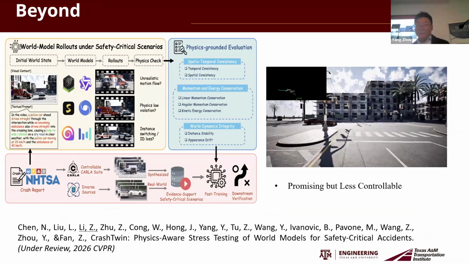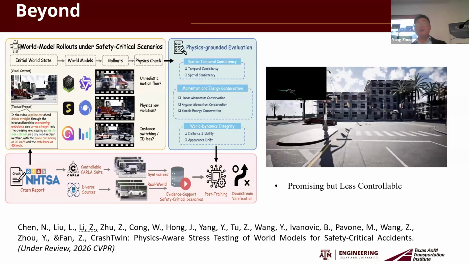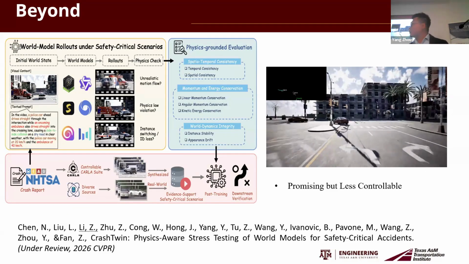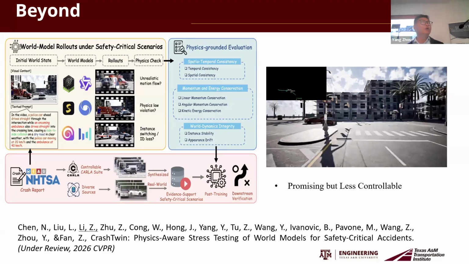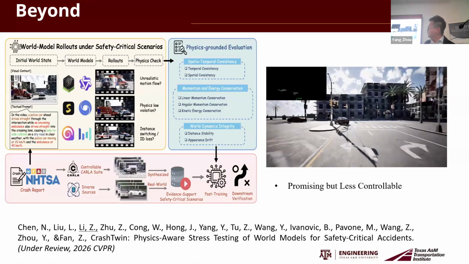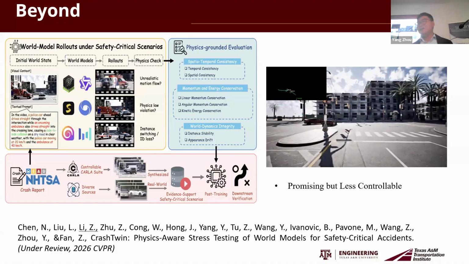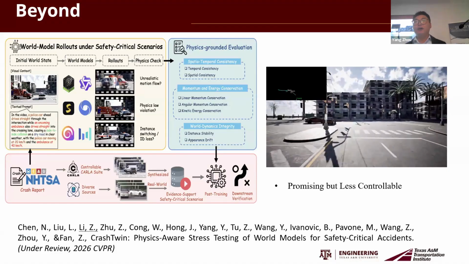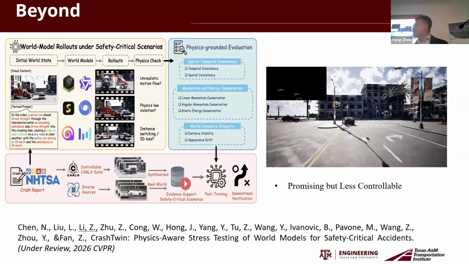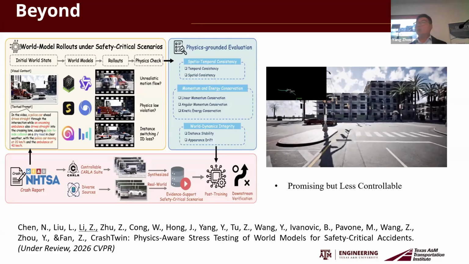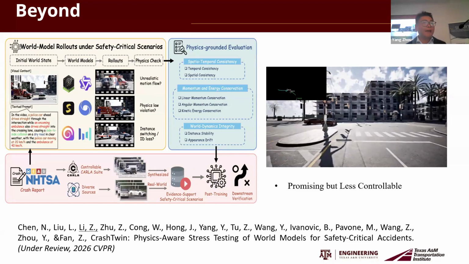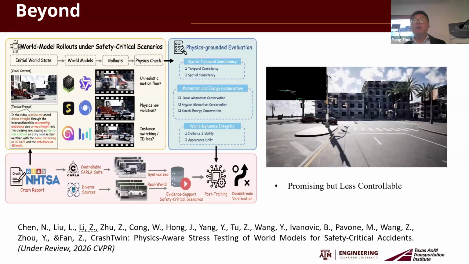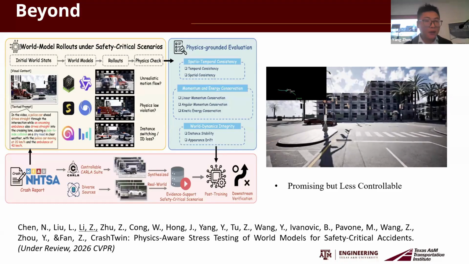What we do is, first, we have the NHTSA crash reports, and we use a large language model to change the reports into text descriptions, for example, what the lighting conditions are, what type of clearance, and so on and so forth. And we put them into world models, for example, Cosmos.